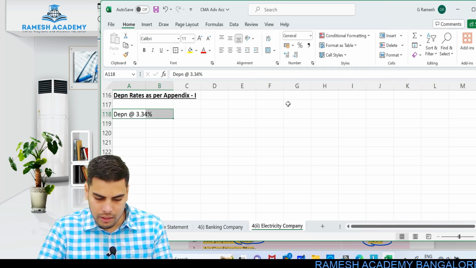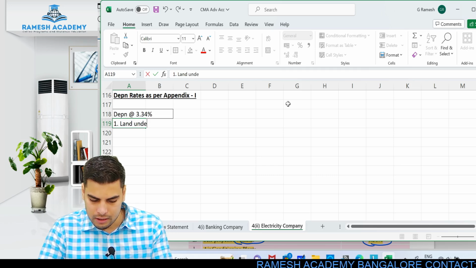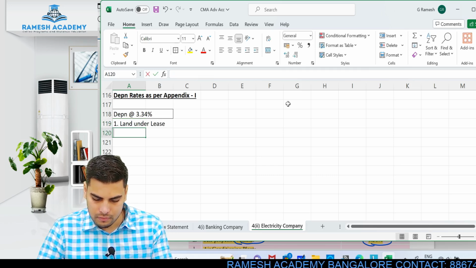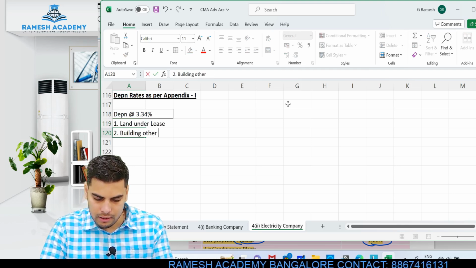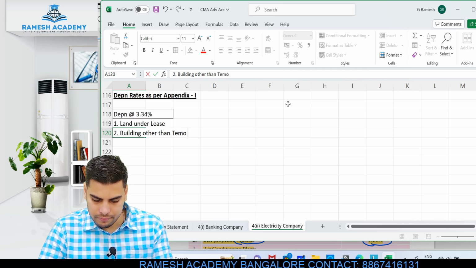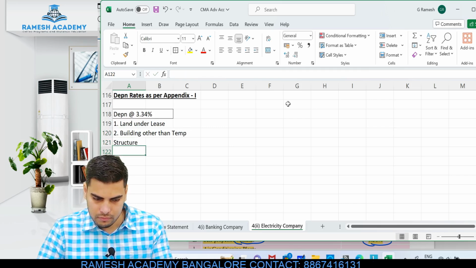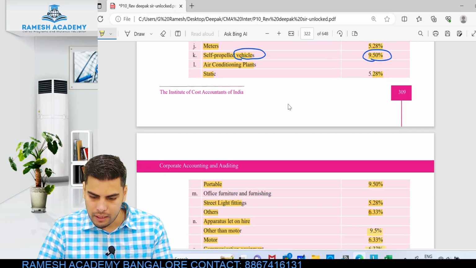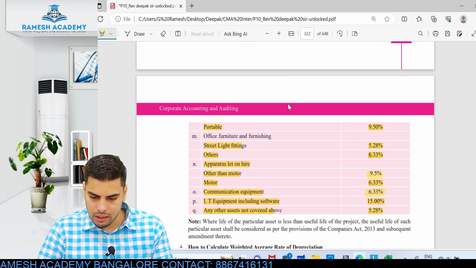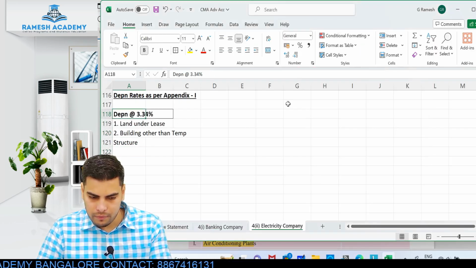This rate will be applicable for land under lease and building other than temporary structure. Do we have anywhere else where we apply 3.34? Nowhere else, right? So this is one rate of depreciation.